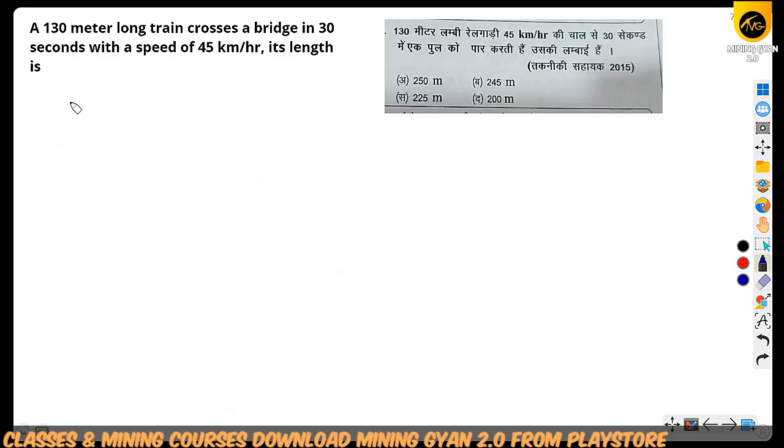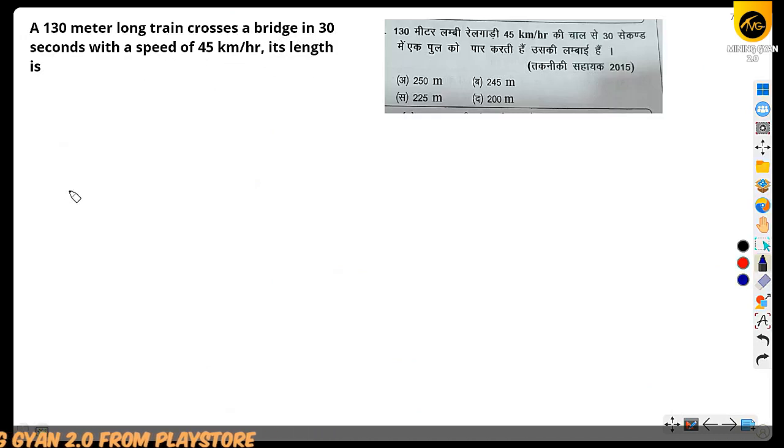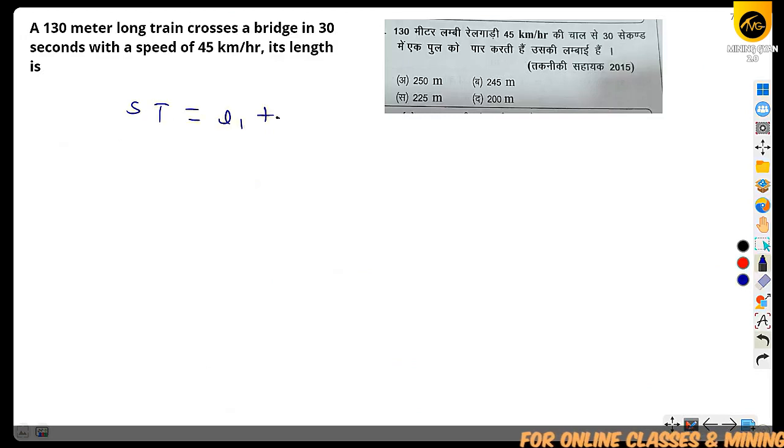Okay, another question. A 130-meter long train crosses a bridge in 30 seconds with a speed of 45 kilometer per hour. Its length is... So basically, the given portion is the 130-meter long train. So length of train is already given. So again, S times T is equal to L1 plus L2.